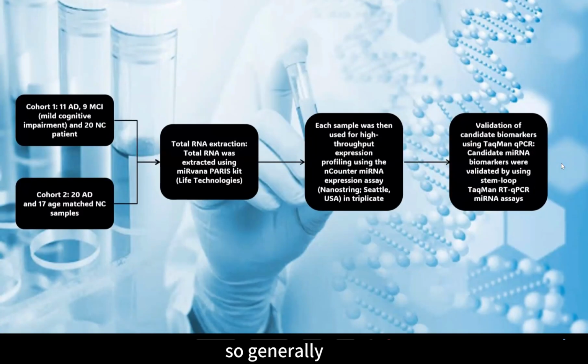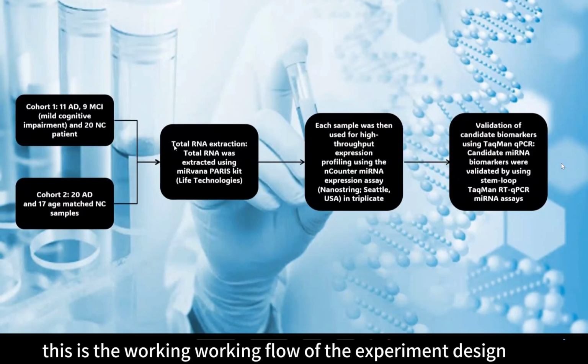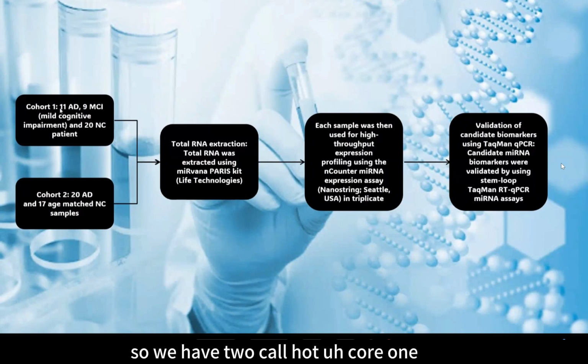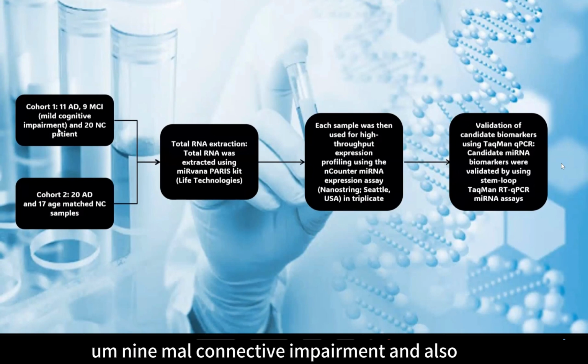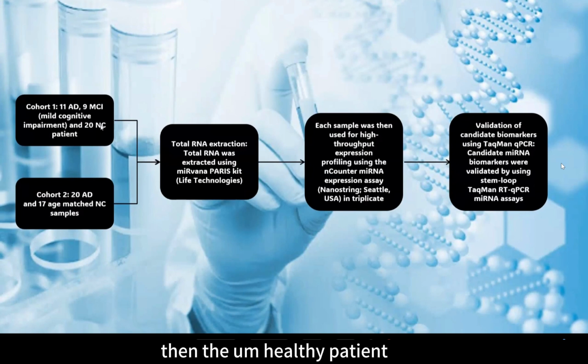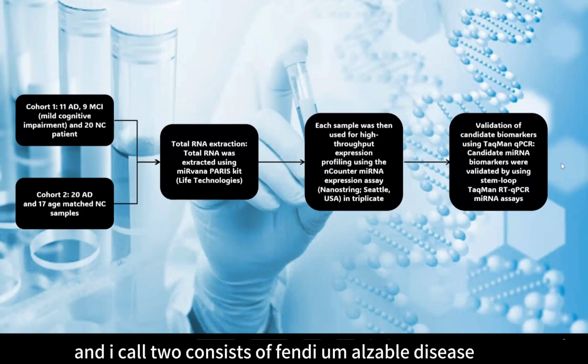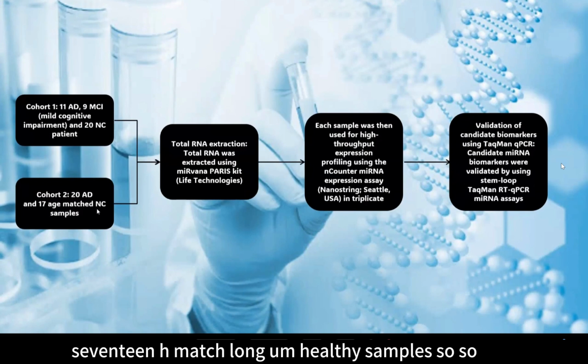Generally, this is the workflow of the experiment design. We have two cohorts. Cohort 1 consists of 11 Alzheimer's patients, 9 mild cognitive impairment, and 20 healthy participants. Cohort 2 consists of 20 Alzheimer's disease and 17 age-matched non-healthy samples.